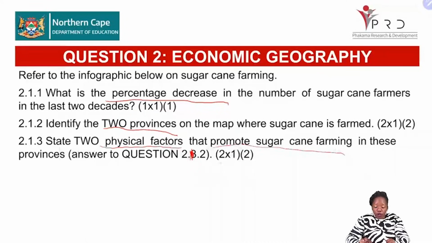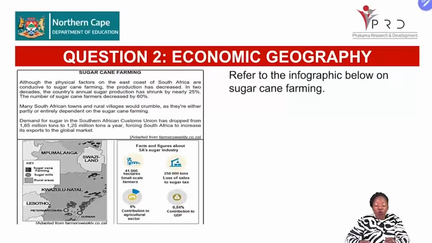So as it says, state 2 of the physical factors. It means one factor will give you 1 mark and another factor will give you 1 mark. Should you only write 1 factor, it means you are only going to get 1 mark.